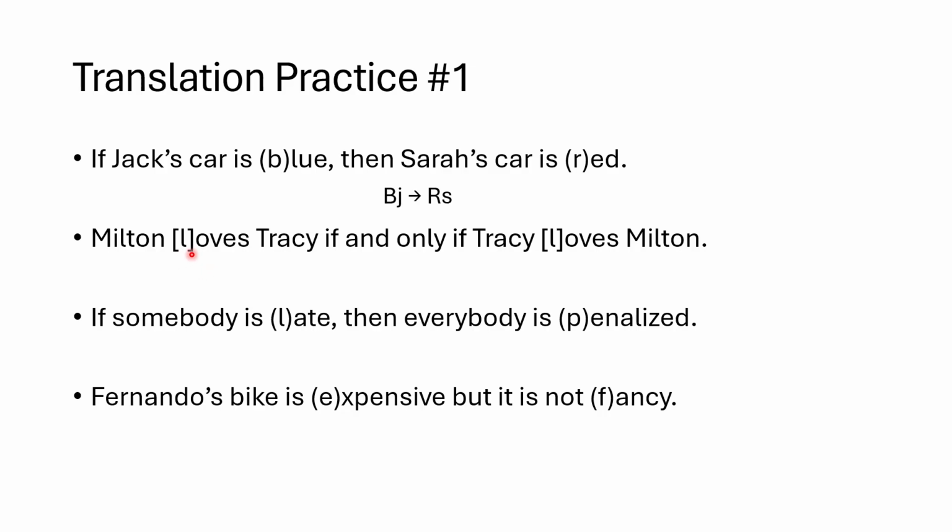Who's our subject in this first part of our biconditional? Well, Milton is the one who's loving Tracy. And if we look at the other side of our biconditional, now the subject is Tracy who's loving Milton. So that's why their positions change within the two-place predicates. The predicate is still the same.